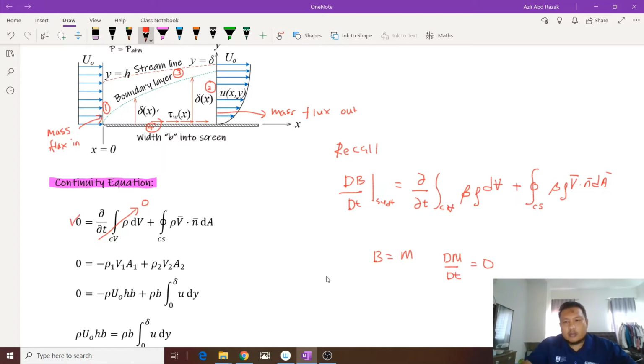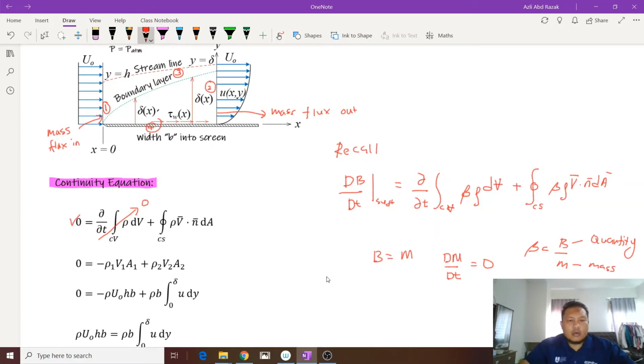And for the rest, beta is B over mass, so the quantity is mass, and mass divided by mass is equal to 1. That's why we didn't put anything in front of this.